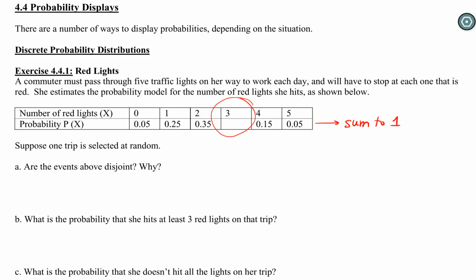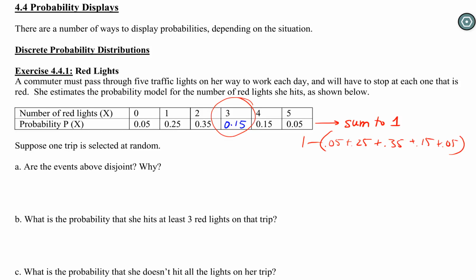So these values that we have down at the bottom must sum to 1. So we could add all the existing values up, and then we could take that value and subtract from 1 to figure out what we are missing. Turns out if you do all that math, we are missing 15%. So the probability of hitting 3 lights on the way to work for this commuter is 15%.